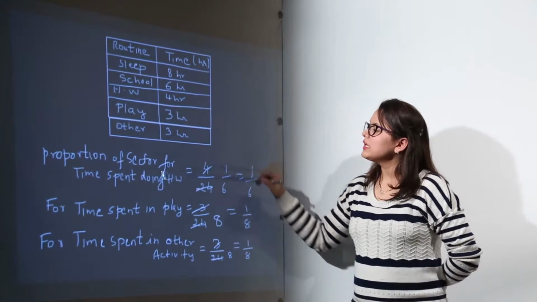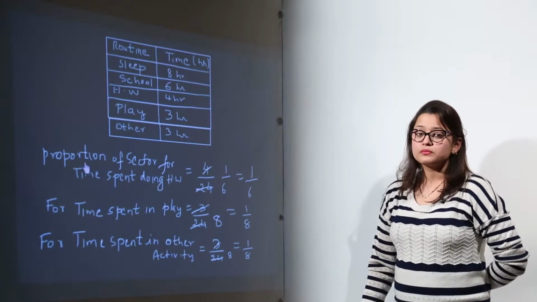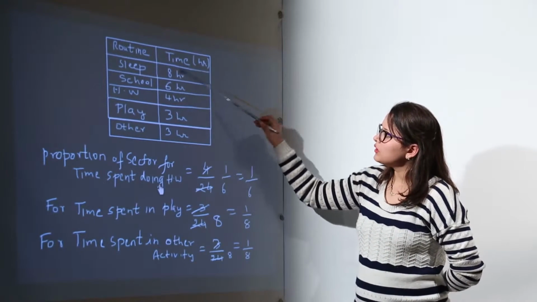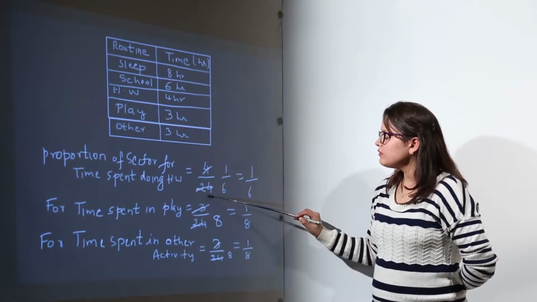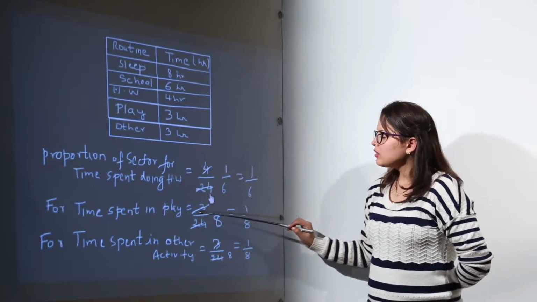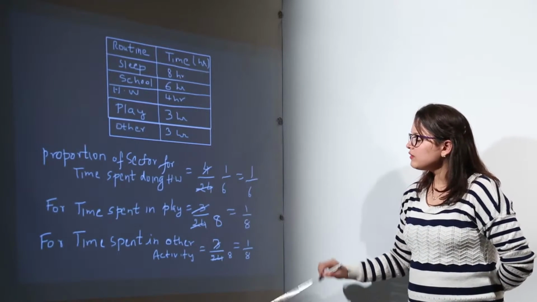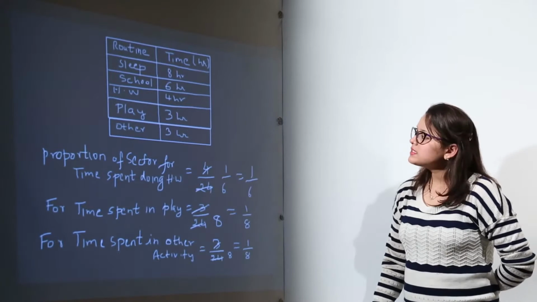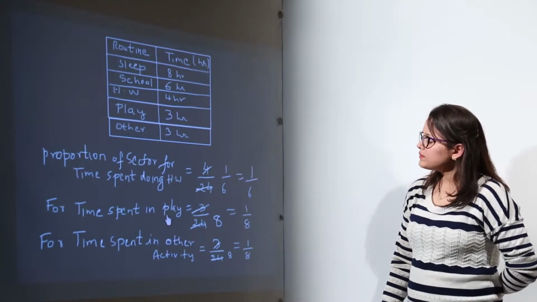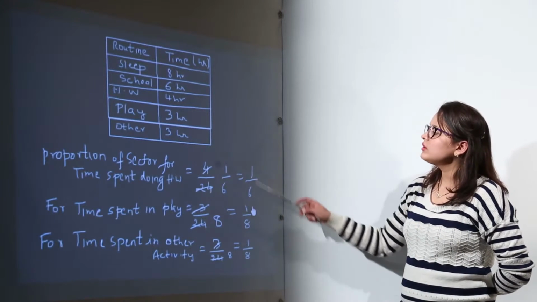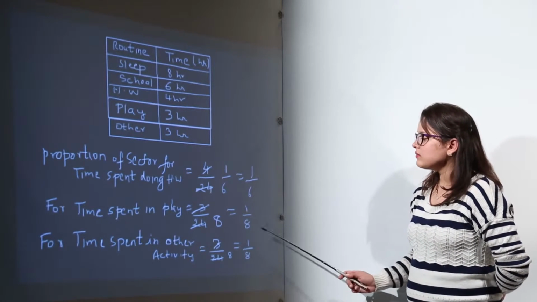For homework, the proportion would be equal to the value 4 upon the total value, 24, that is 1 by 6. Now time spent in playing, the proportion would be 3 over 24, that is 1 by 8. Similarly, for the time spent in other activities, that will be 3 over 24, again giving us 1 by 8.